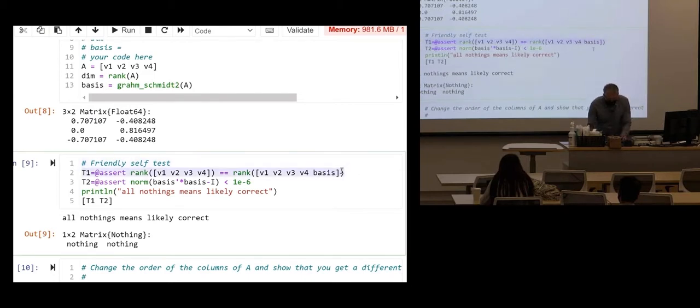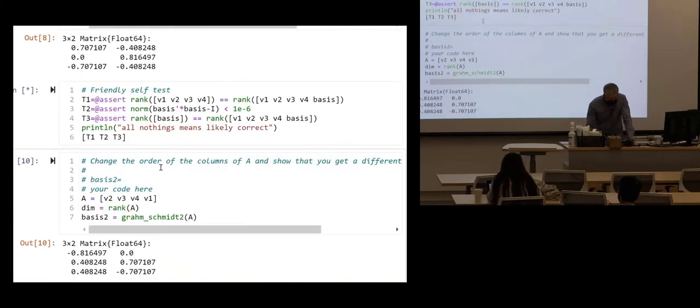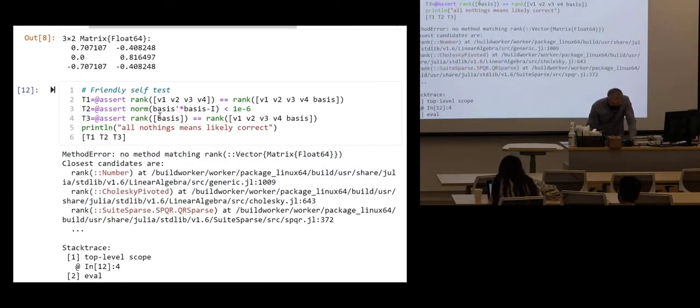and I should have done this. This would be T3, and say, don't need the brackets.